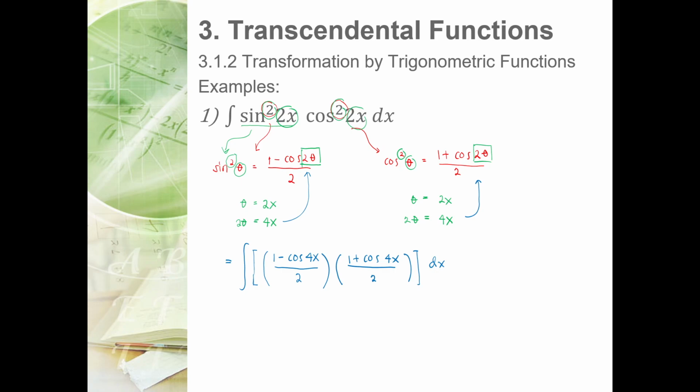Next, we multiply it. Looking at the numerator, this is from your algebra, I forgot the term, I think it's difference of squares. You may take 1/2 outside the equation so that you don't have to deal with the 1/2 later.